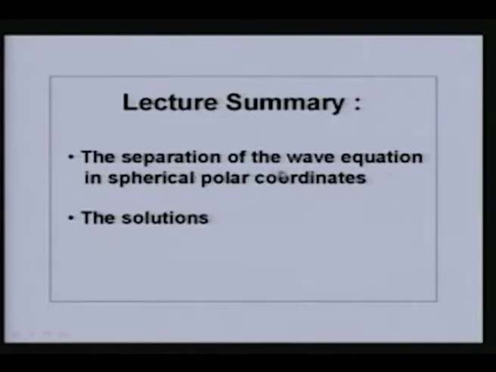One is the separation of the wave equation expressed in spherical polar coordinates, r, theta and phi. The second part is the radial solution today. We will not look at the angular solution, we will not have the time to do the angular solutions, but we shall examine the radial solutions and make sense out of the results.